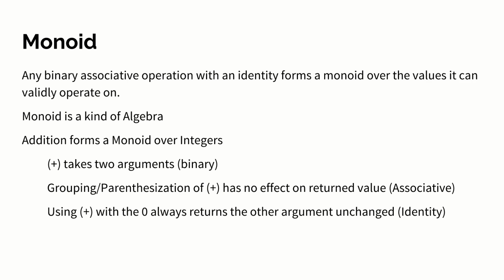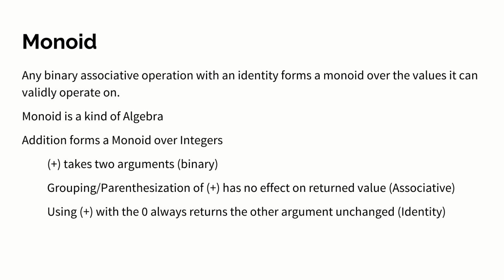Like we just discussed, monoid is a kind of algebra. An easy to understand example of a monoid is addition in conjunction with integers. The addition operation forms a monoid over integers. The addition operator takes two arguments, so it's binary.